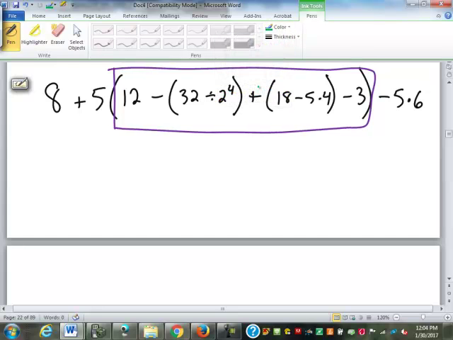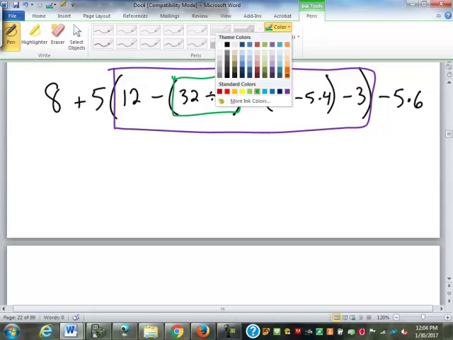Inside that purple box now, our order of operations still applies. So we still look through our levels of priority. Inside that purple box, are there any other enclosing symbols? Yes, there's two of them. So we go left to right again. Here's our first set of enclosing symbols. So we're inside that parentheses.